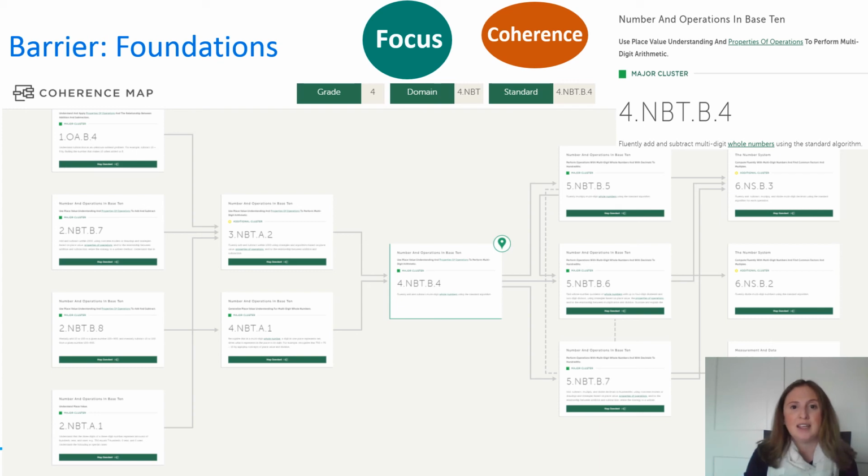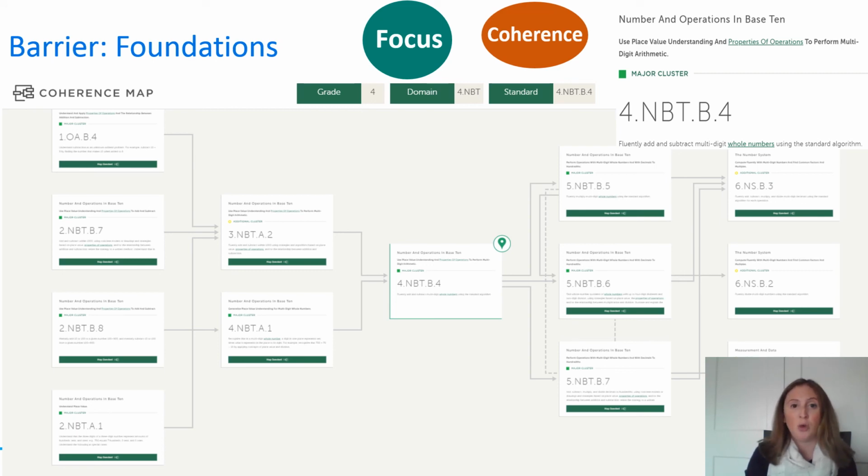Then you can see that the fourth grade concepts build to fifth grade standards in numbers and operations base 10, sixth grade standards in the number system, and even concepts within the measurement and data domain. So this is an example of why coherence is crucial when we are thinking about planning our instruction.